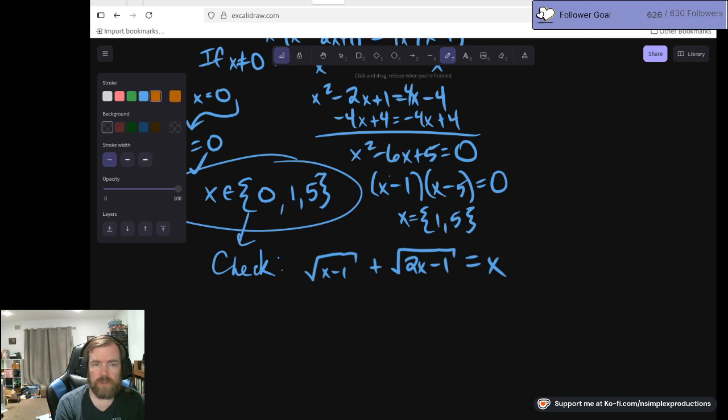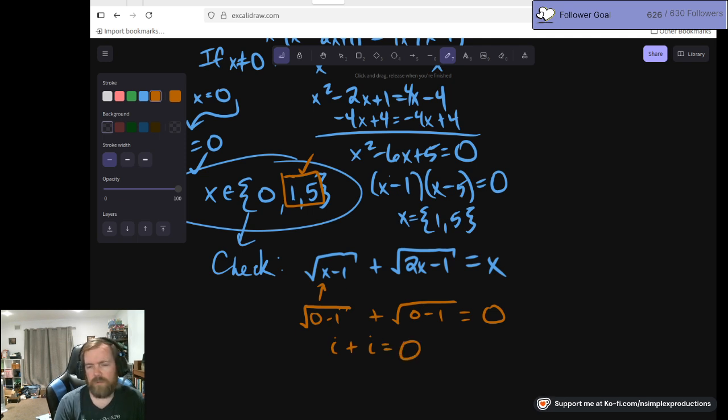So we know that these are good. We did not check 0. Mostly because we can't, right? If we plug 0 into here, we get 0 minus 1 underneath a square root, and we're trying to set this equal to 0. So over here, this is going to be 0 minus 1 as well. This is going to be i plus i equals 0, which we know for a fact is not true.